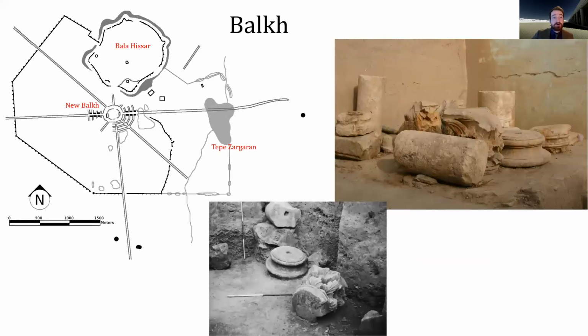Another site is Balkh. So this is way up in the eastern parts of the Seleukid Empire. And as you can see here, there are some lovely remains of very Greek-style column capitals, these Corinthian column capitals. We have this Attic-type base, this cyma reversa base.